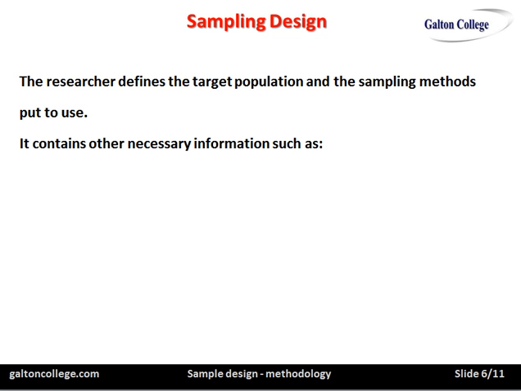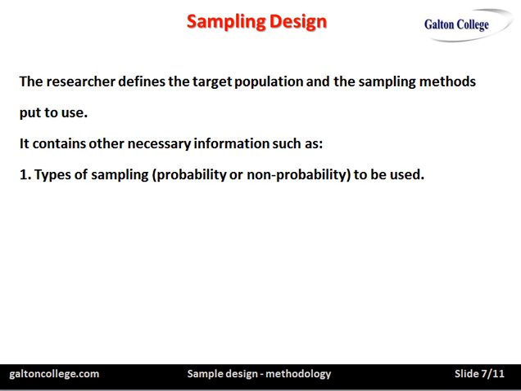So the sampling design contains necessary information such as types of sampling, for example probability or non-probability to be used. So how will the sample be drawn? Will it be selected randomly or quasi-randomly, or will it be non-probability? Will it be based on snowball sampling or some easy way of collecting the data?